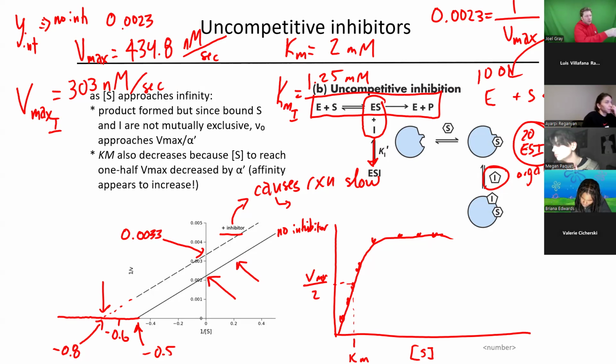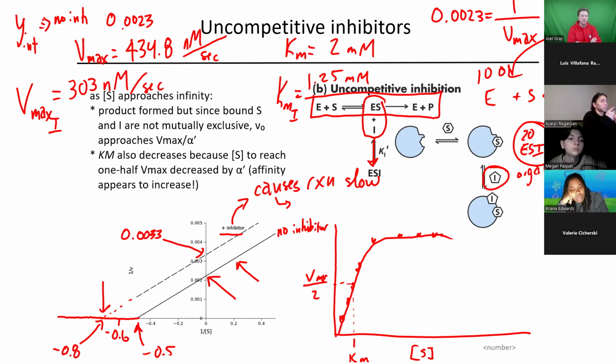Okay, so the calculations that we just did here, where we took a double reciprocal plot, calculated our Km and our Vmax, and interpreted that, those are all things that I want you to be able to do. In addition, I want you to understand what the uncompetitive inhibitor did to the Vmax. It drove it down.